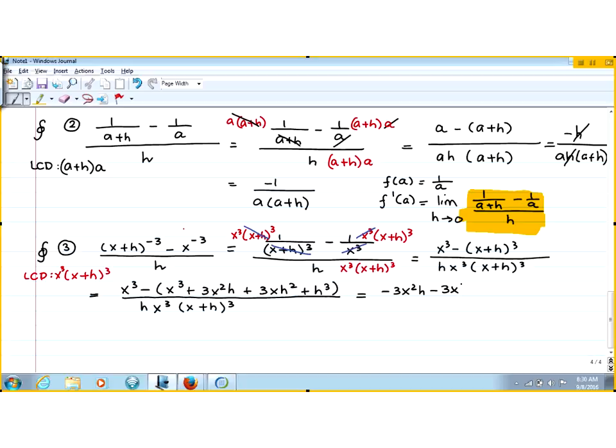Negative 3x squared h minus 3x h squared minus h cubed divided by h x cubed times x plus h cubed. Wait, which x cubed is going to be canceled? This x cubed and this x cubed. I just don't write it down because it's too long.